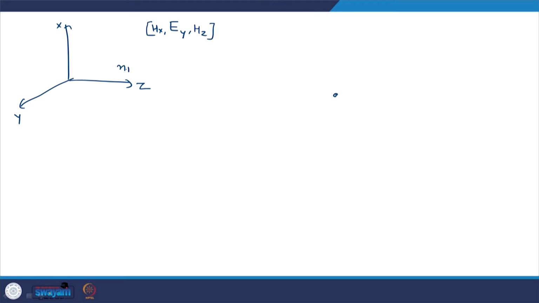Again, the refractive index variation is in the xz plane.